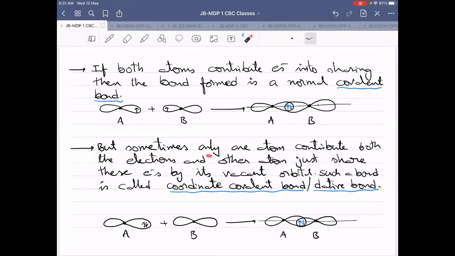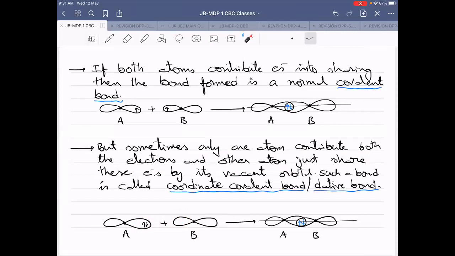Sometimes only one atom contributes both electrons and the other atom just shares these electrons. One atom is only contributing both electrons, the other atom is not giving any electrons into sharing. Such a type of bond formed is called coordinate covalent bond. Sir, I know that, but I didn't understand how it is possible. It is possible. It is the coordination when atoms are coming together and trying to form a molecule. Molecule formation is a stability concept.